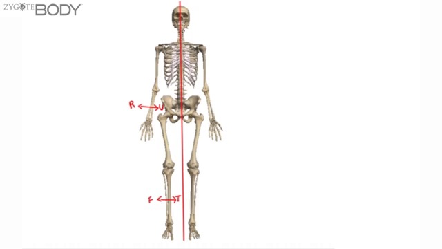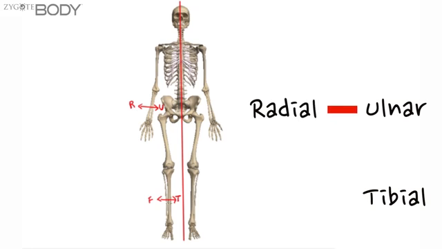And looking here, this is the midline. So towards the midline, or medially, I can find the ulna and the tibia. I can also describe that structures are found on the ulnar side or the tibial side. And the same thing, going away from the midline, I find the radius and the fibula, going laterally, and therefore I can say that structures are found on the radial and fibular side.